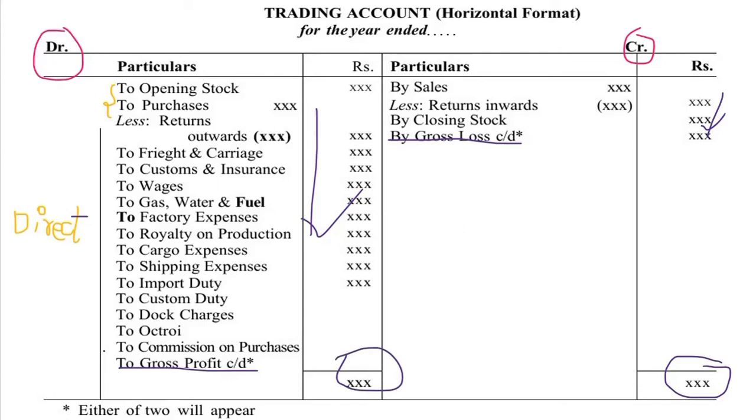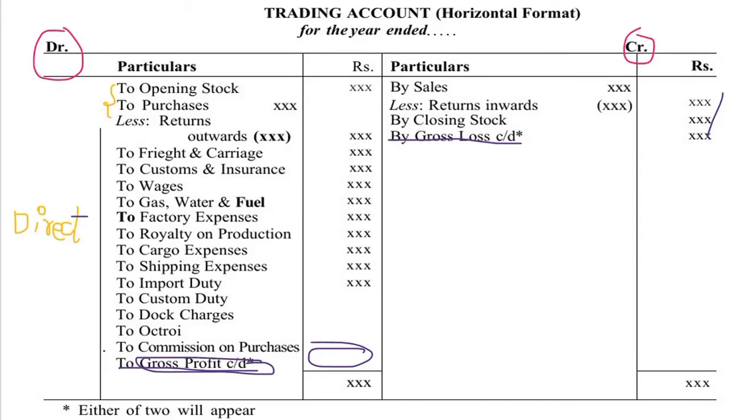If the credit side balance is more and the debit side balance is less, we need to add a certain amount at the debit side. Whatever amount you add at the debit side is called gross profit, and whatever amount you add at the credit side is gross loss. These are the two important things, guys. Either gross profit or gross loss, only one will appear.